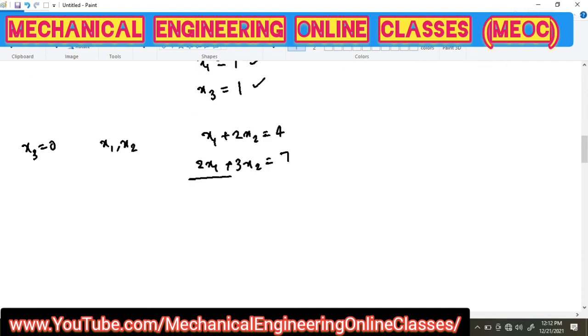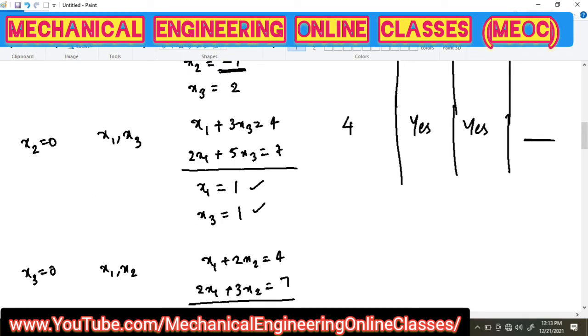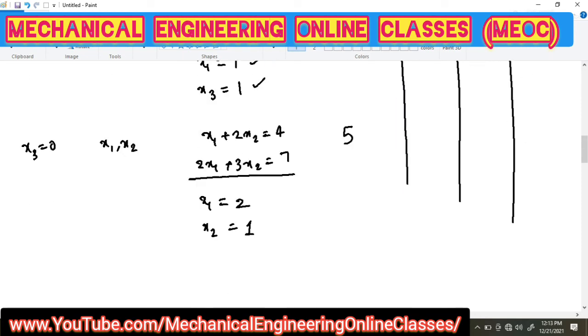Solve these two equations to find x1 and x2. Then we have x1 as 2 and x2 as 1. Substitute x1 as 2, x2 as 1 and x3 as 0 and find z. The value of z is 5. Now is the third solution a basic feasible solution? Yes. Is it a non-degenerate basic feasible solution? Yes, because both are positive. So this is also a yes.